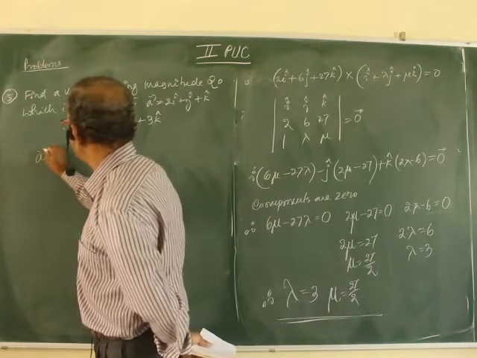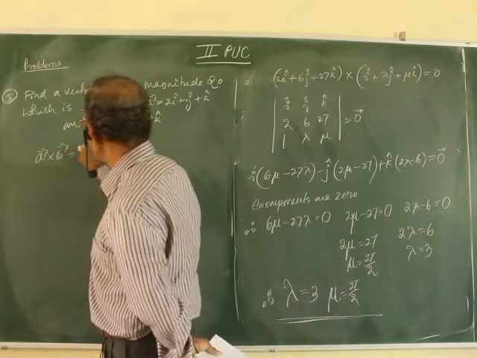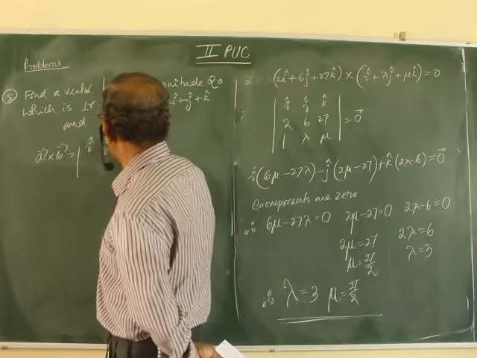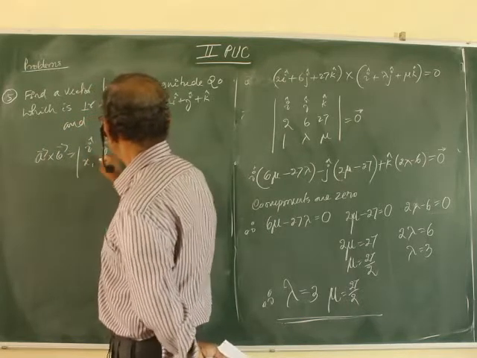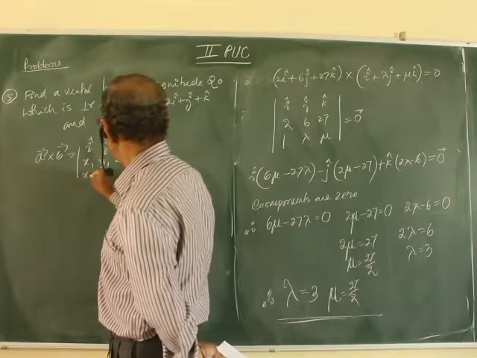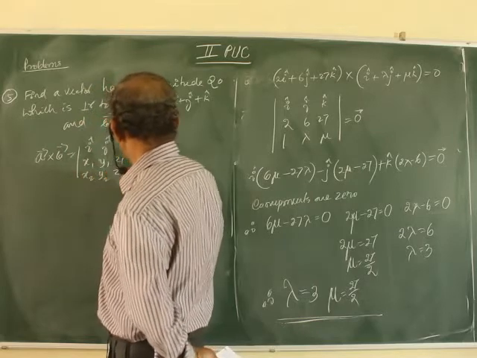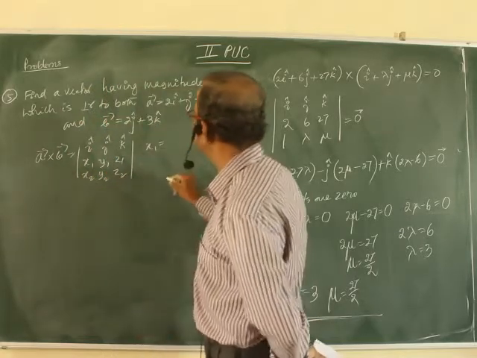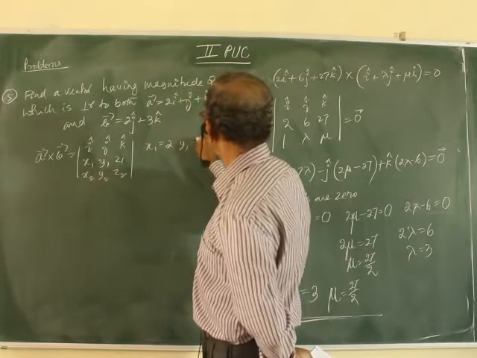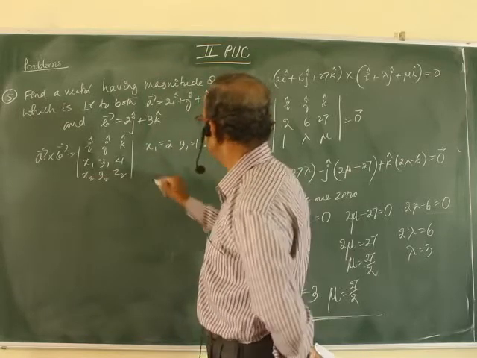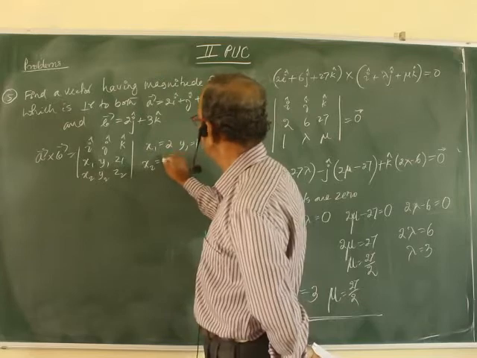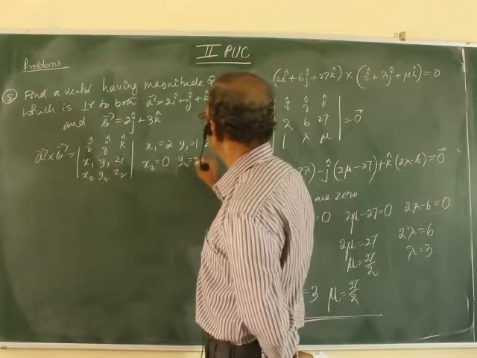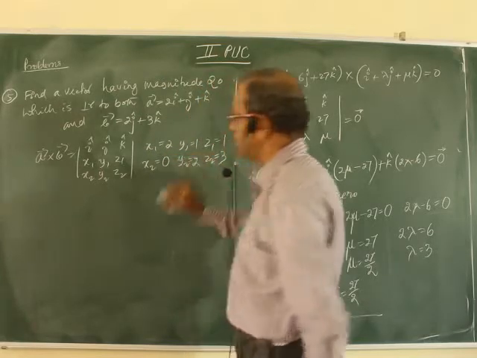A cross B equal to determinant of i j k, x1, y1, z1, x2, y2, z2, with x1 is 2, y1 is 1, z1 is 1, x2 is 0, y2 is 2, z2 is 3.